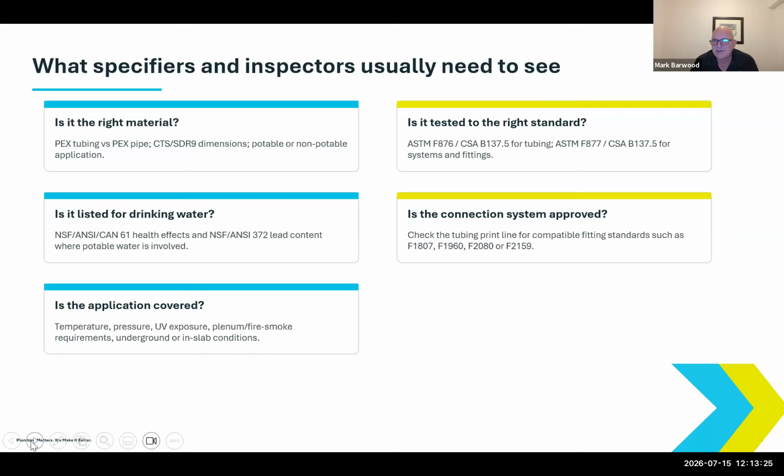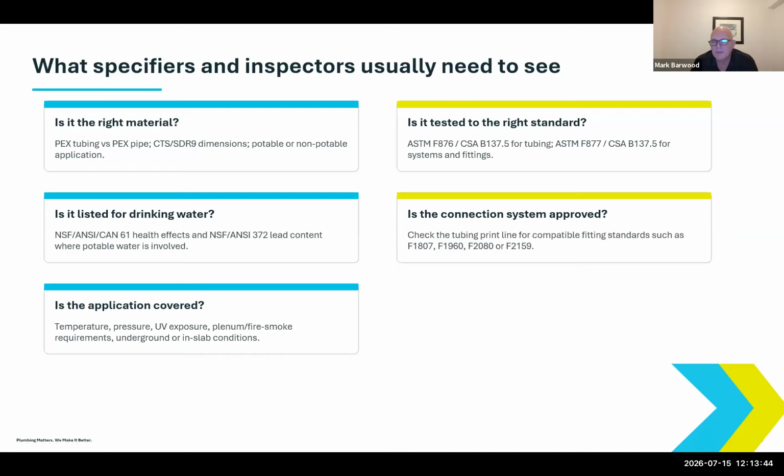And then, is it tested to the correct standard? So in Canada, CSA B137.5 is always going to be the standard, but a lot of times ASTM F876 will also be referenced. And is the connection system approved?